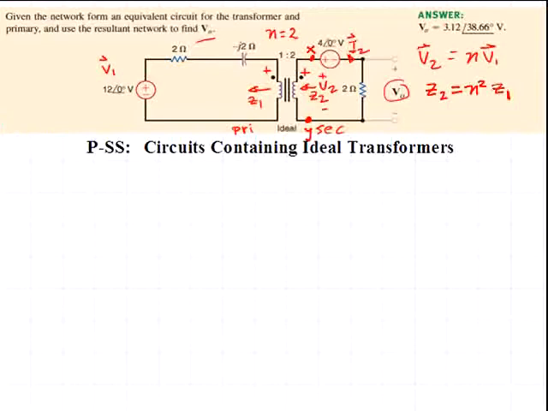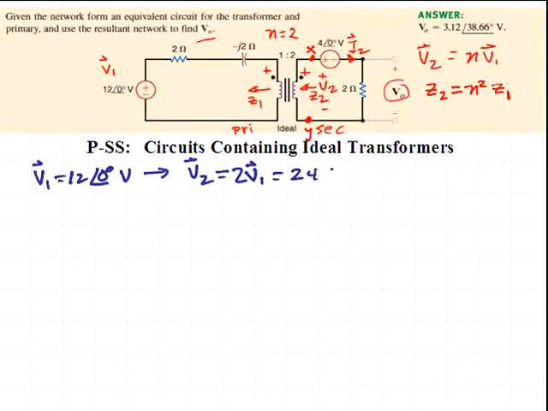Applying the voltage and impedance transformations to this specific problem, V1 is equal to 12 at an angle of 0 degrees volts, and therefore the V2 equivalent transform value is equal to 2, the turns ratio, times V1, which is equal to 24 at an angle of 0 degrees volts.